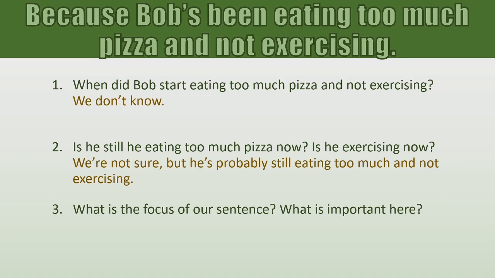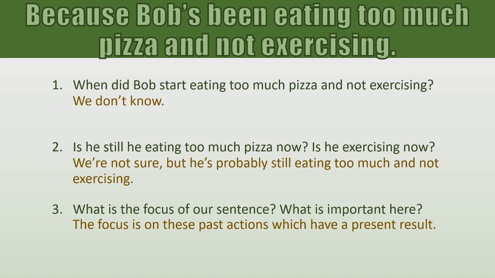And what is the focus of our sentence? The focus is on repeated... No, it's not repeated. The focus is on the past action that has a present result. And the present result is Bob is fat. What's the reason? Well, the reason is he's been eating too much pizza and not exercising.